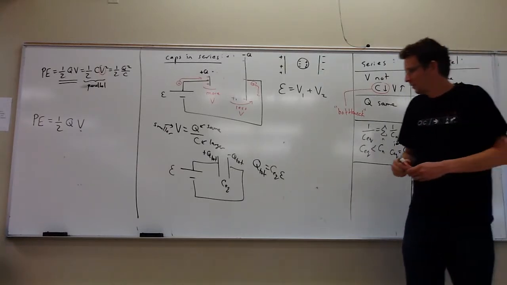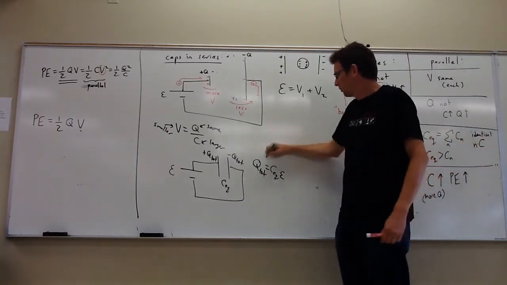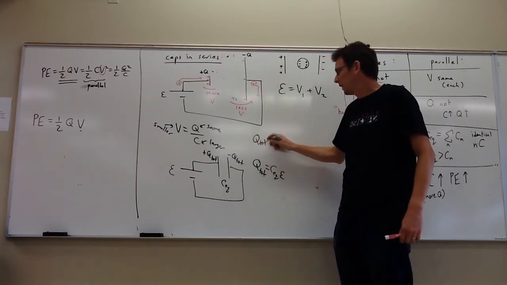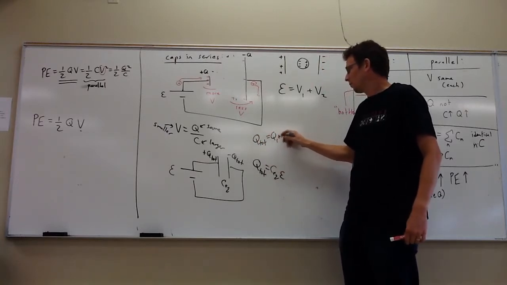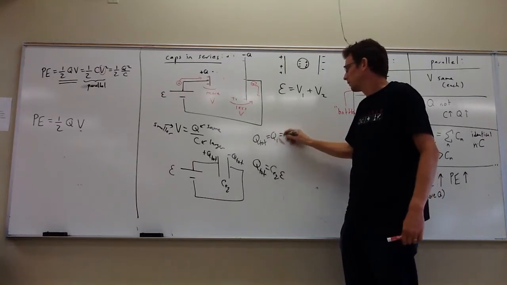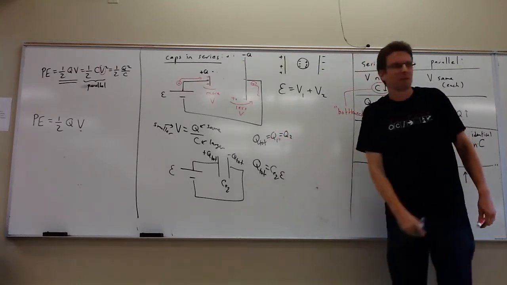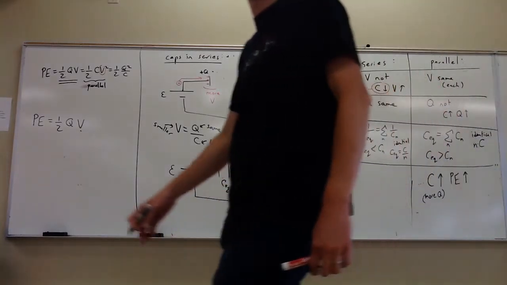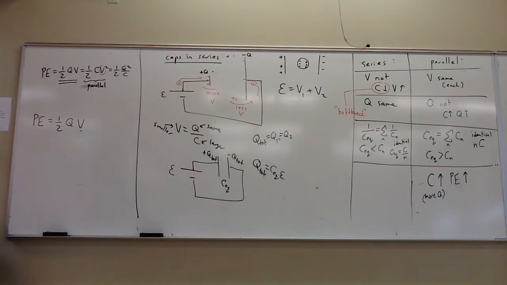So basically, Q total, Q1 and Q2 are all the same thing. The amount of charge I've been able to separate overall from beginning to end is the same amount of charge that both capacitors individually have been able to separate. So let's see what happens there.